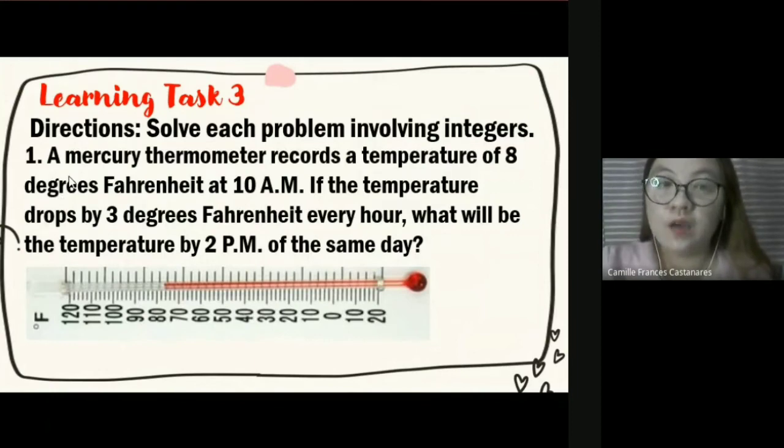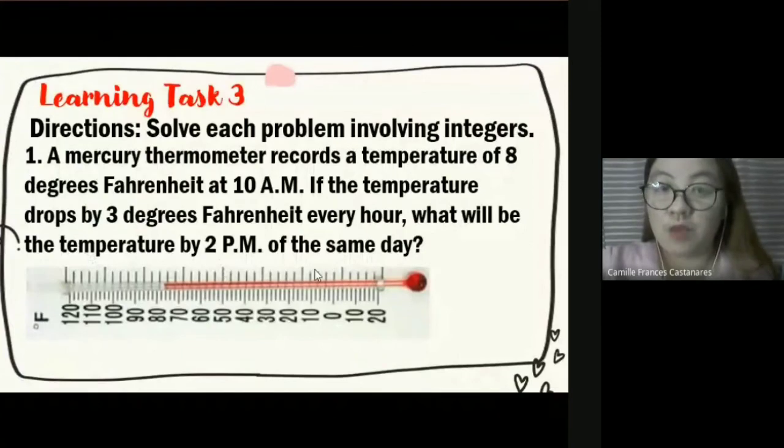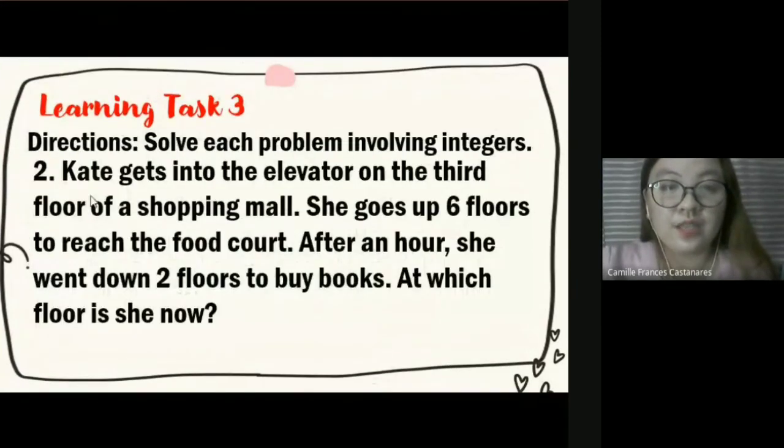Number 1, a mercury thermometer records a temperature of 8 degrees Fahrenheit at 10 a.m. If the temperature drops by 3 degrees Fahrenheit every hour, what will be the temperature by 2 p.m. on the same day?